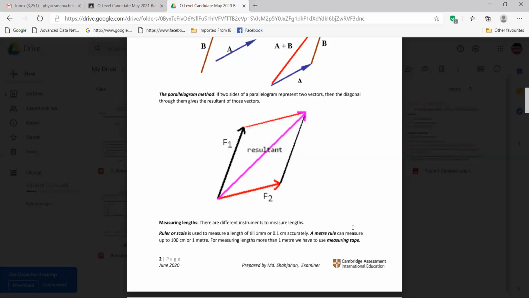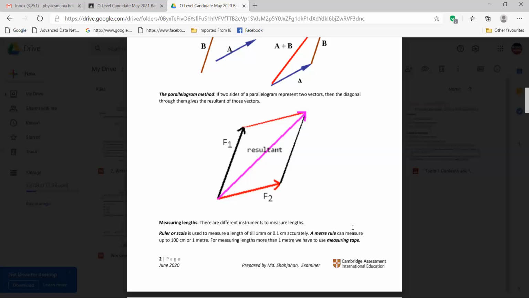Yes, sir. This way, if they want to measure the distance from one place to another place in a street, then we are using measuring tape because it's more than 1 meter. This is about the longer length. We are using measuring tape.